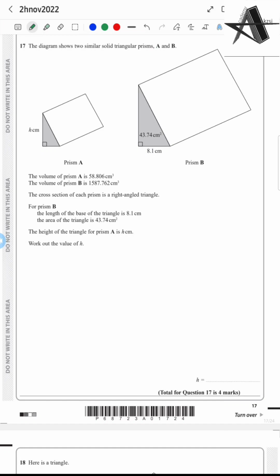See, what they have mentioned is that these two are similar. Similar figures means when angles are the same, they look exactly the same, only the lengths are in proportion. If lengths are in proportion, then L over the corresponding length is called the length scale factor.